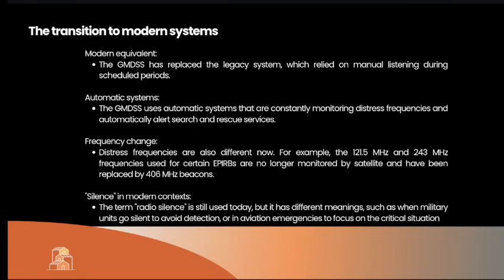The term radio silence is still used today, but it has a different meaning, such as military units going silent to avoid detection, or in aviation emergencies to focus on critical situations.